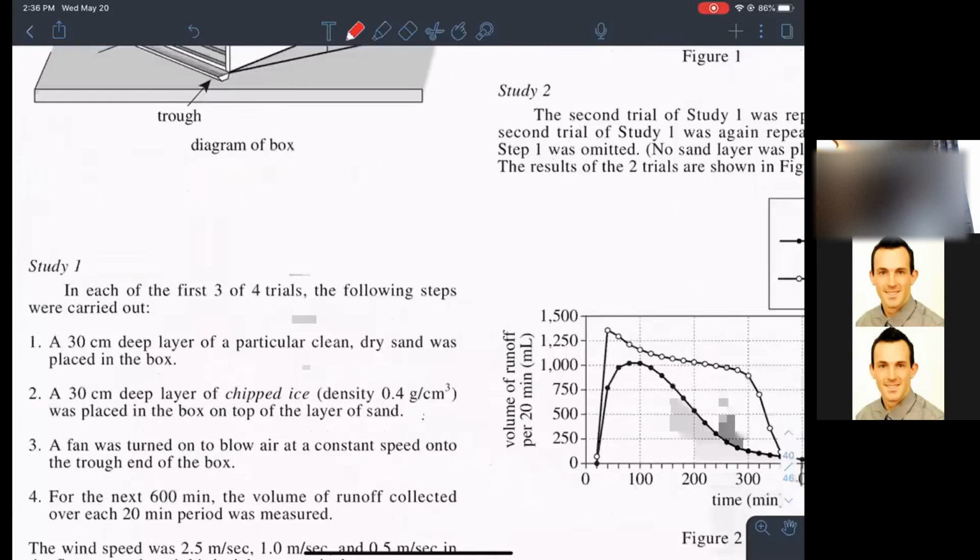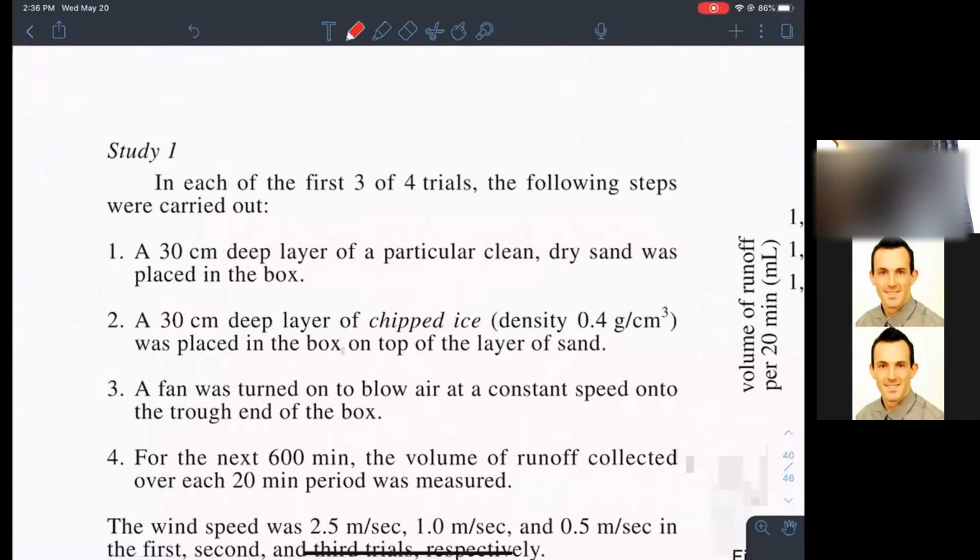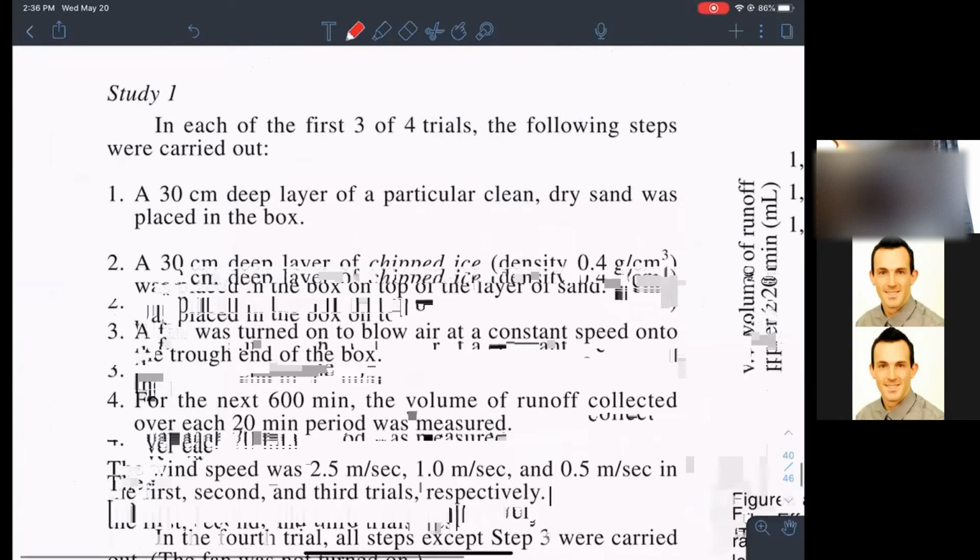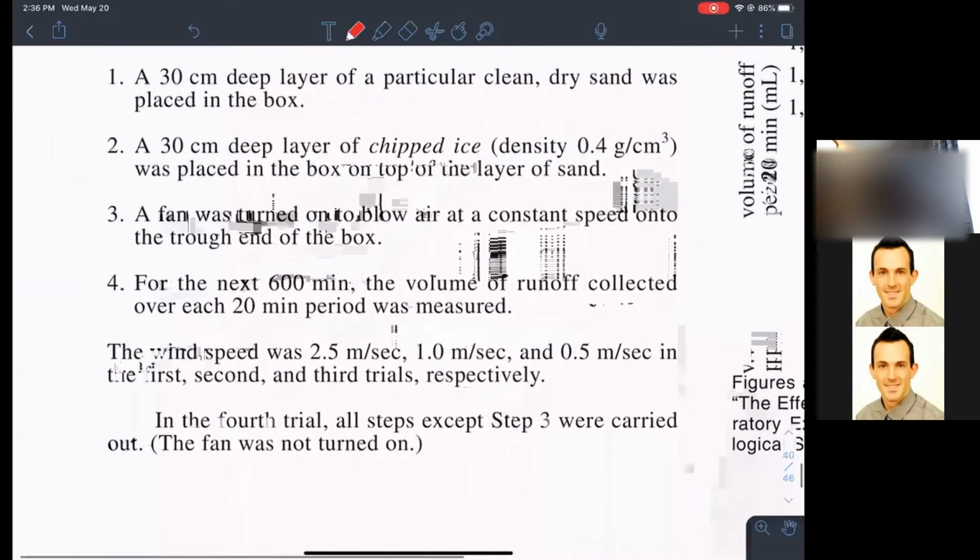Study 1: in each of the first 3 of 4 trials, the following steps were carried out. A 30-centimeter deep layer of dry sand was placed in the box. A 30-centimeter deep layer of chipped ice was then placed in the box on top of the layer of sand, so that's identifying the relationship there. A fan was turned on to blow air at a constant speed onto the trough at the end of the box.